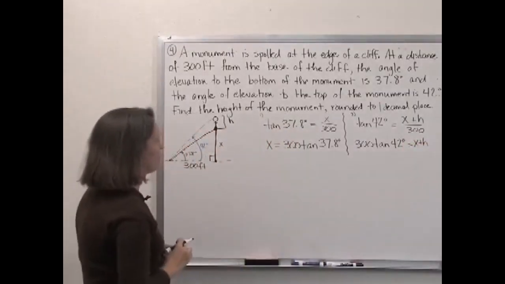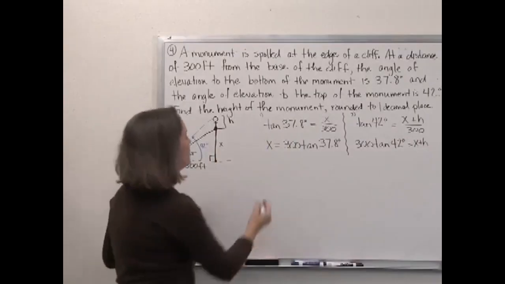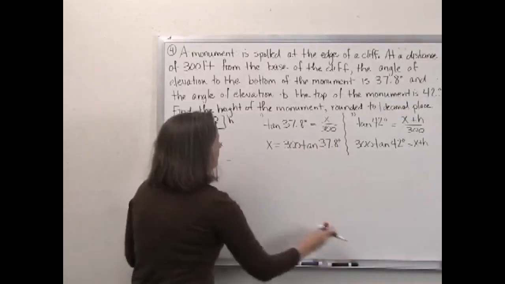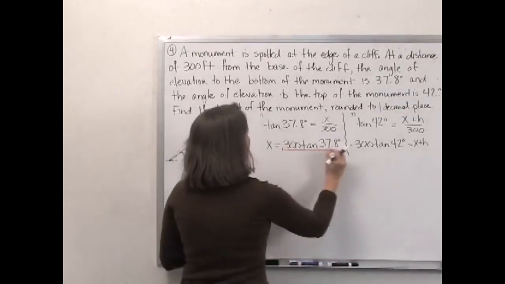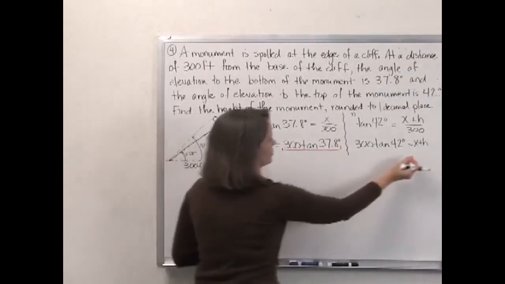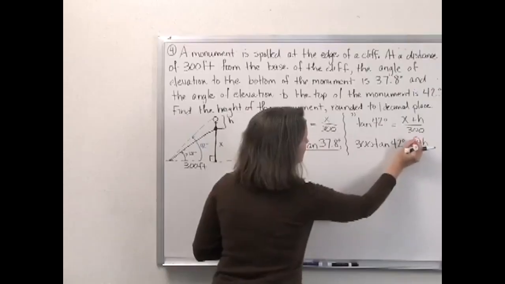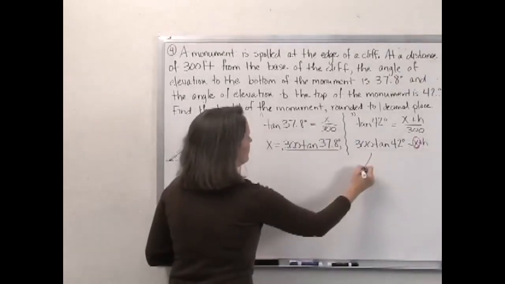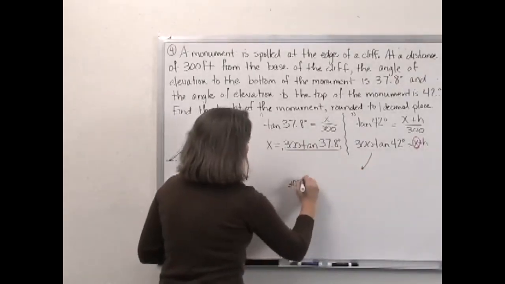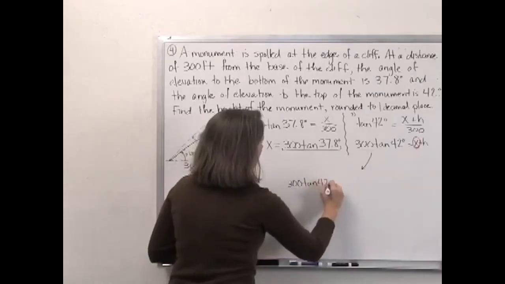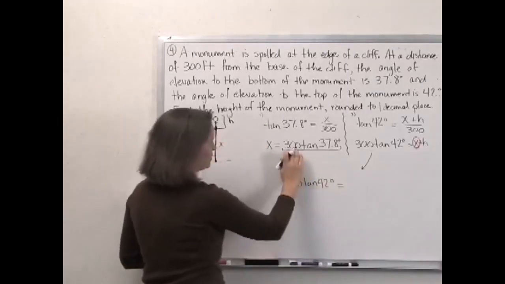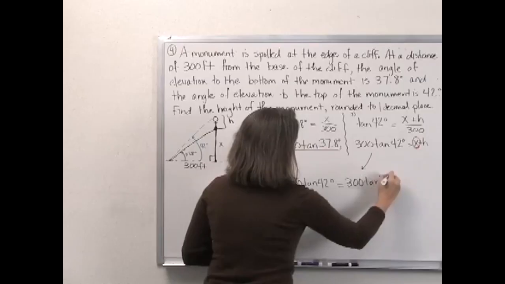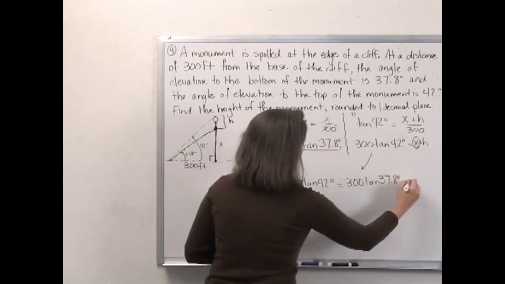What can I do? Substitution. x is this expression. I'm just going to substitute this expression for the x right here. So x is 300 times the tangent of 37.8 degrees.